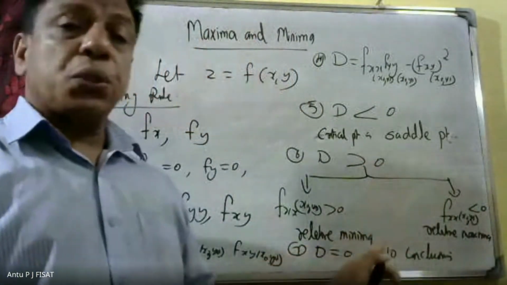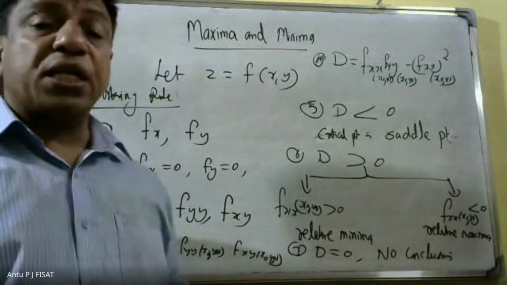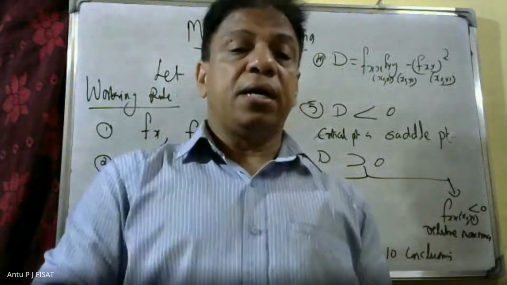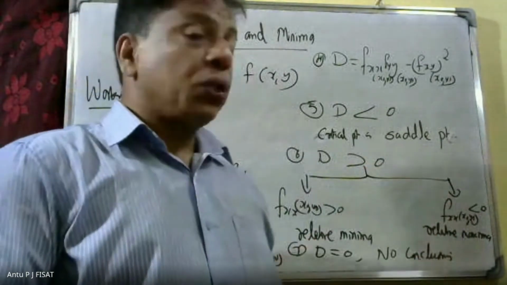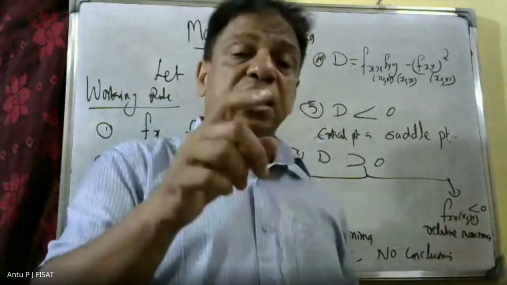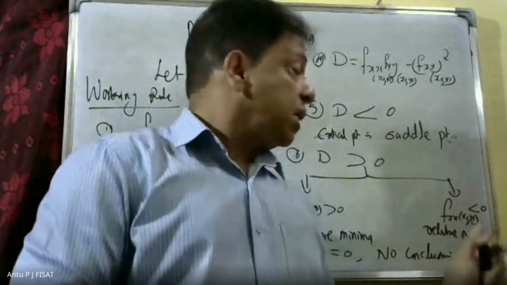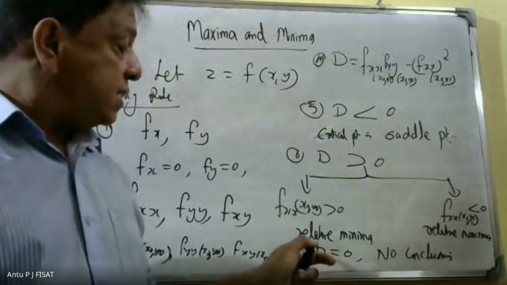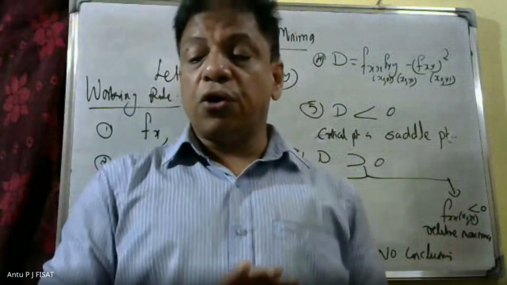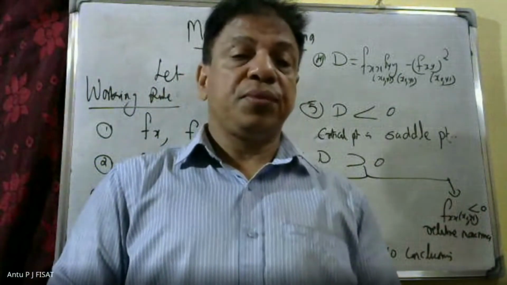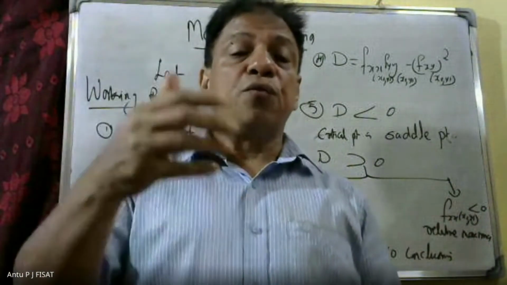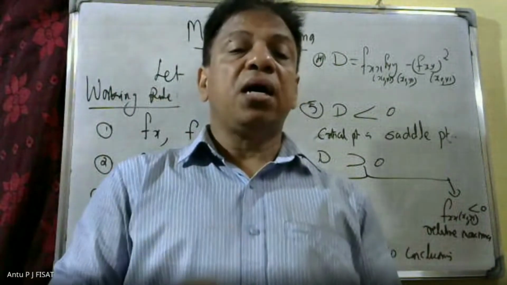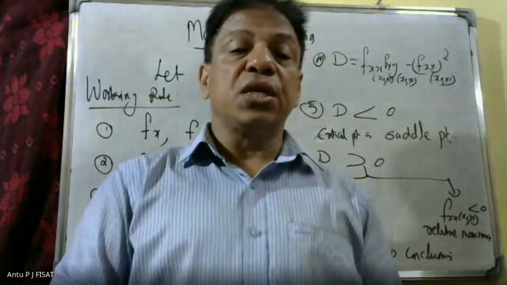D greater than 0 and fxx(x0, y0) greater than 0, our conclusion is relative minima. D greater than 0 and fxx(x0, y0) less than 0, our conclusion is relative maxima. In the third case, D equal to 0, there will be no conclusion. This is the working rule or working procedure for locating extrema of a function z is equal to f of x, y.